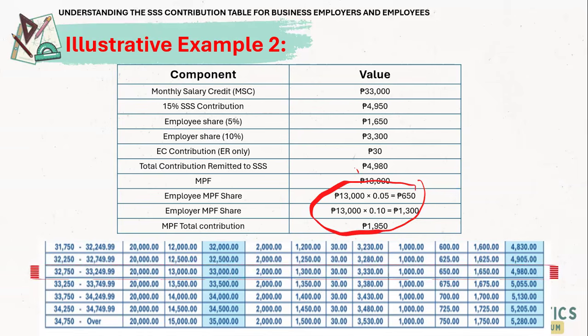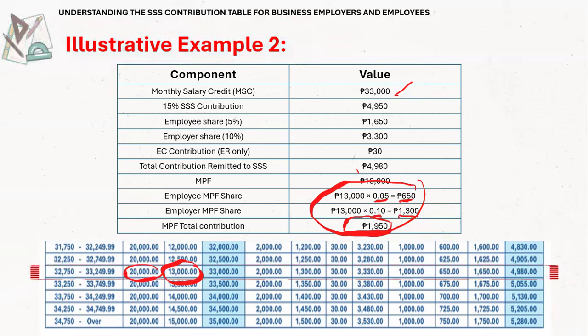So the total contribution of your MPF is 1,950, and it comes from the excess. Okay, so this is the excess, 13,000. That's how you get the excess: 33,000 minus the base, which is 20,000. So we get 5% and that's 650. And then 10% from your employee's MPF share and that's 1,300.